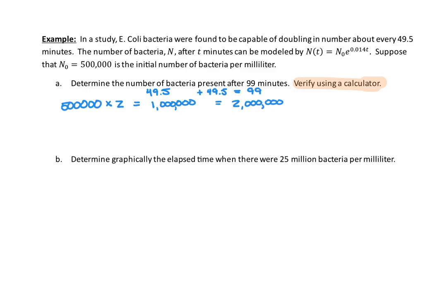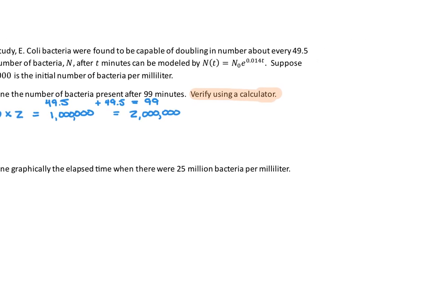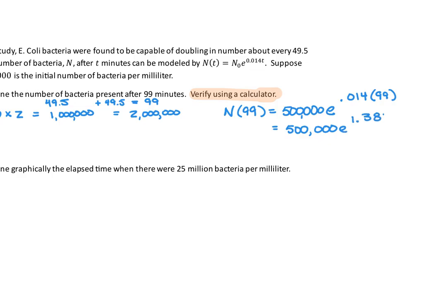All right, so now let's go ahead and use our formula. So if we do this, we get N of 99 equals 500,000 times e to the 0.014 times 99. I'm going to simplify the exponent. If we do that, we get 1.386.